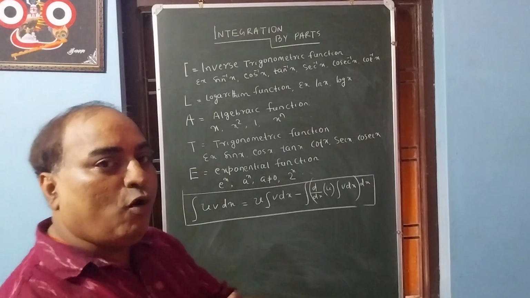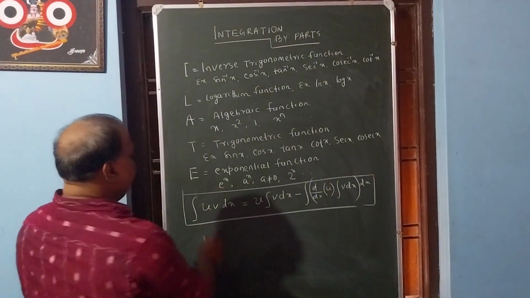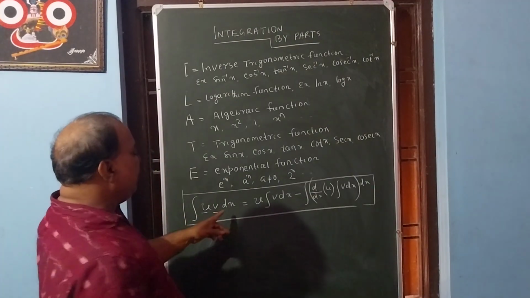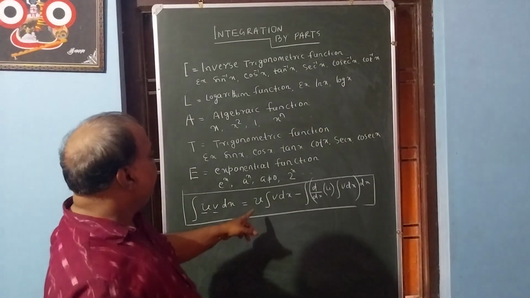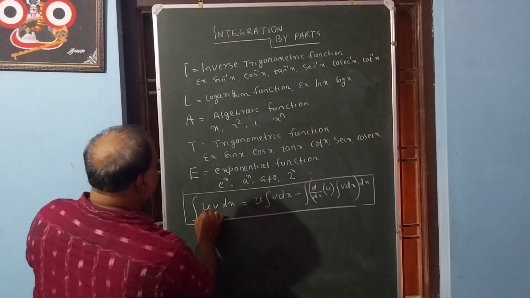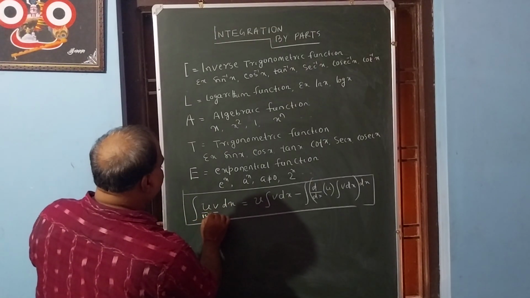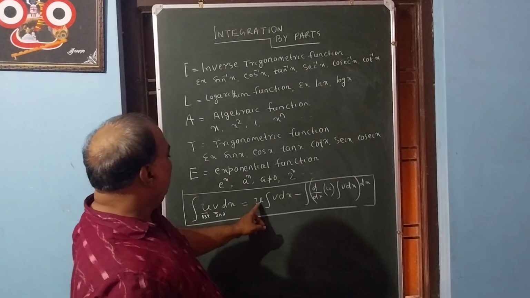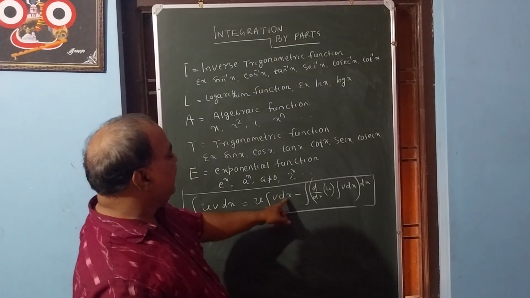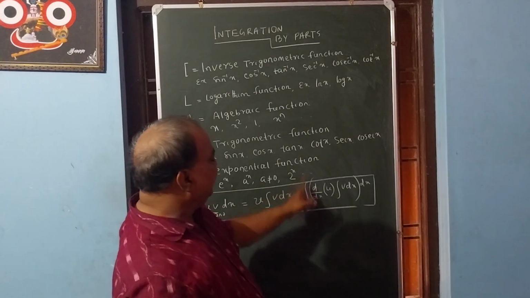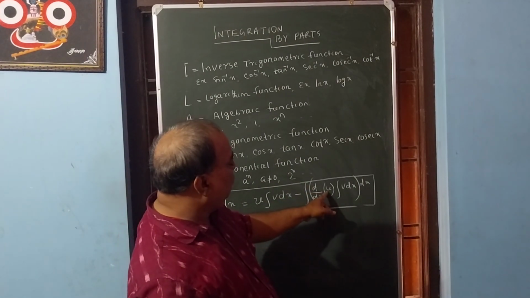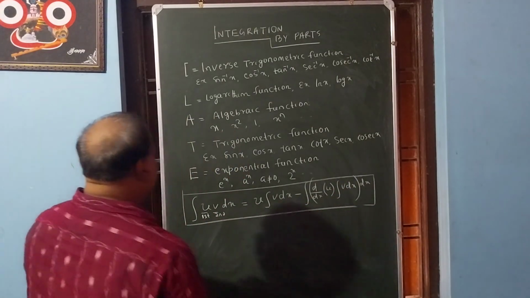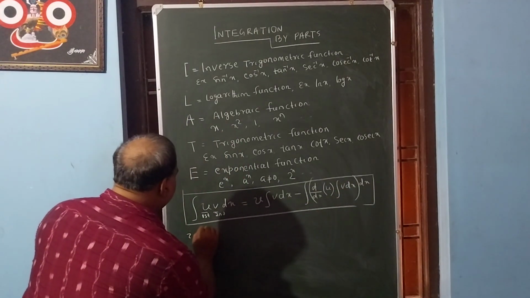When two functions are multiplied, that is U into V, then in order to find its integration, you have to choose which is first and which is second. Then the formula is: integration of U V dx equals U times integration of V dx minus integration of derivative of U times integration of V dx, whole into dx.